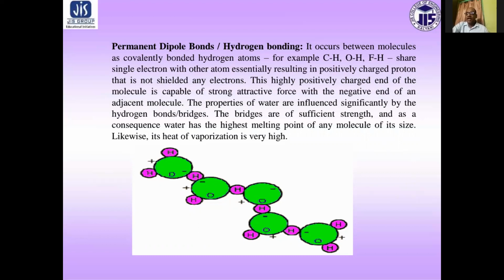This permanent dipole bond, or hydrogen bonding, occurs between molecules with a covalently bonded hydrogen atom, for example C-H, O-H, F-H, etc. It shares its single electron with the other atom, essentially resulting in a positively charged proton that is not shielded by any electron.